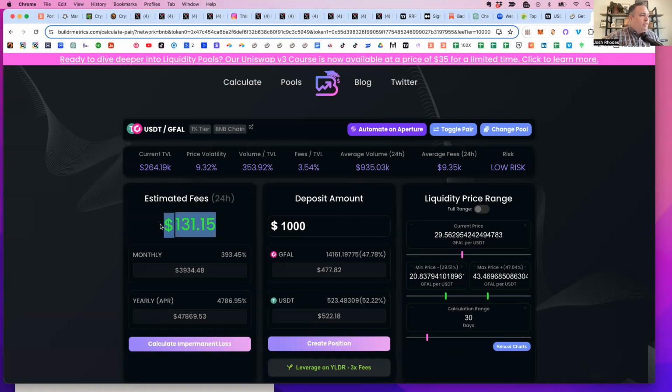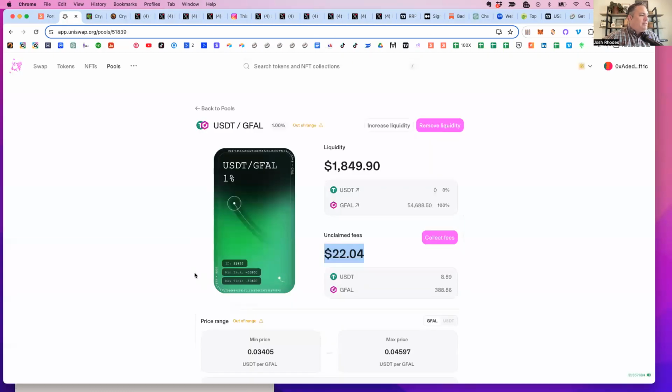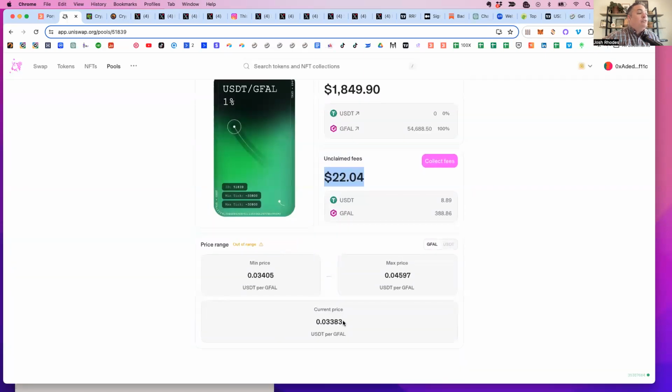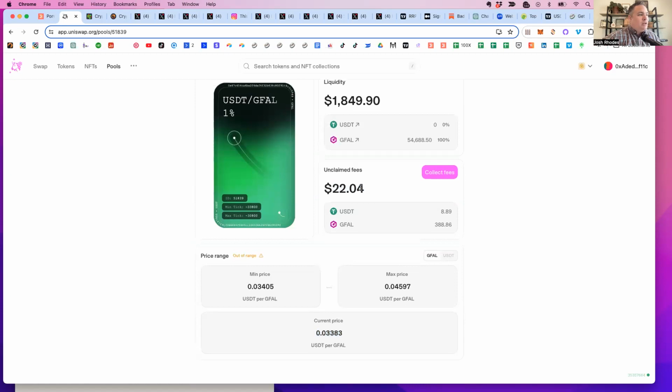Well, the potential things that would prevent that $131 from happening are things like this: how many hours has my token price been out of range? Because when it's out of range, I'm not winning any more fees. And so it just depends on how micromanaging you want to be.